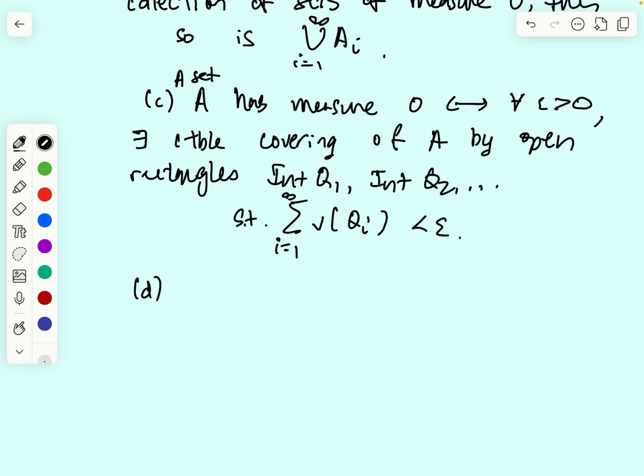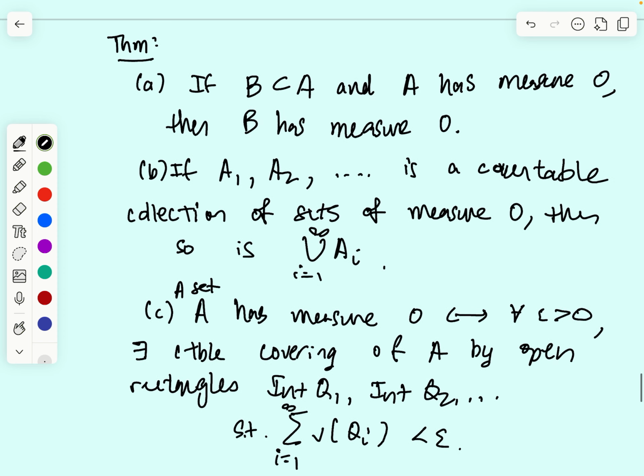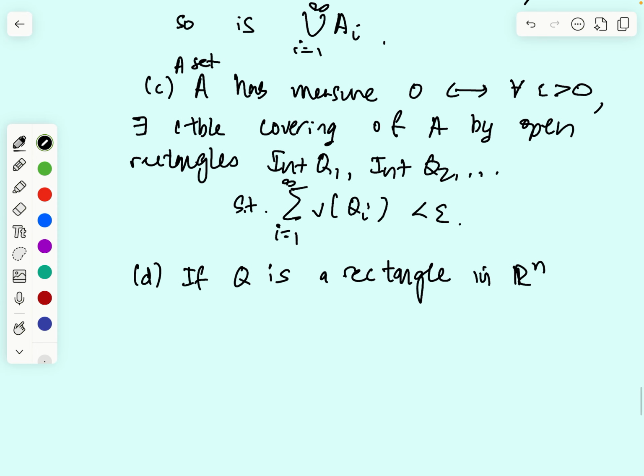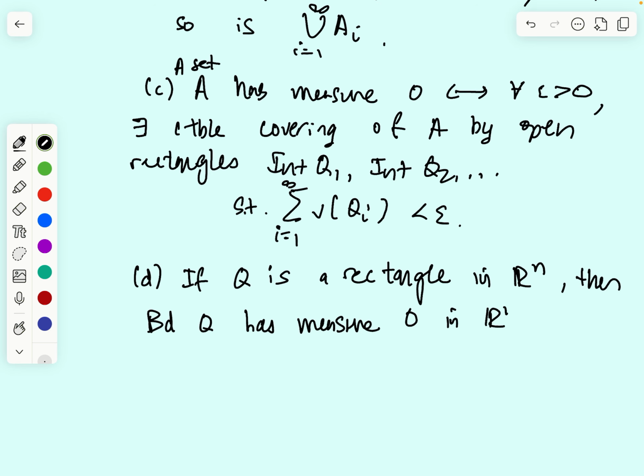And part D is if Q is a rectangle in Rn, and throughout these sets A are subsets of Rn. If Q is a rectangle in Rn, then the boundary has measure 0 in Rn, but Q does not.